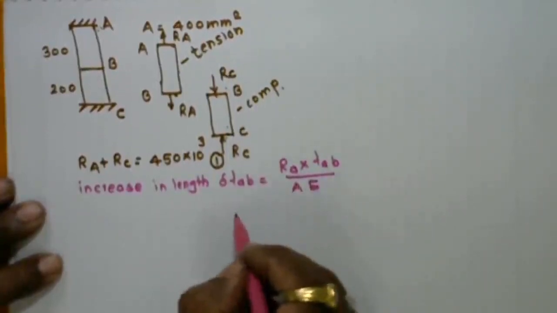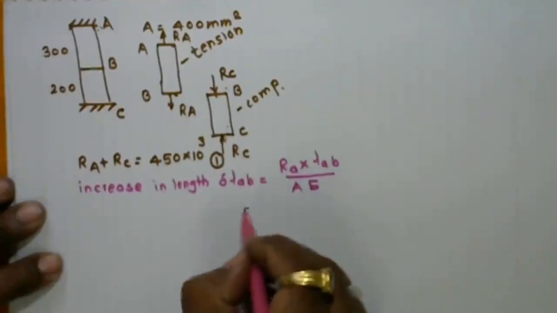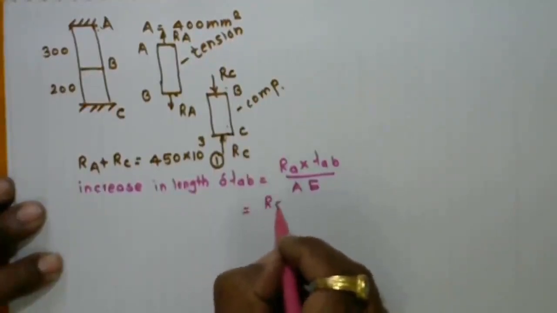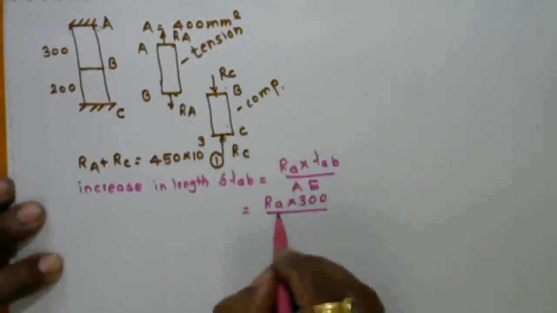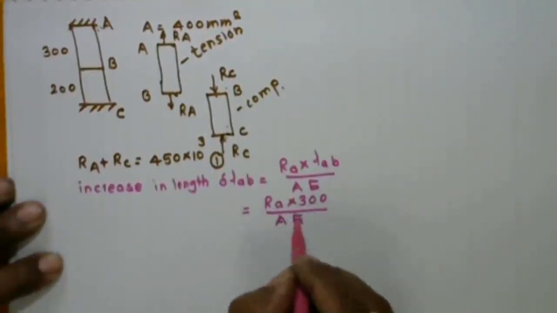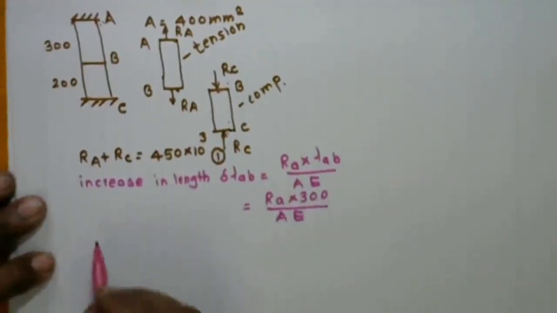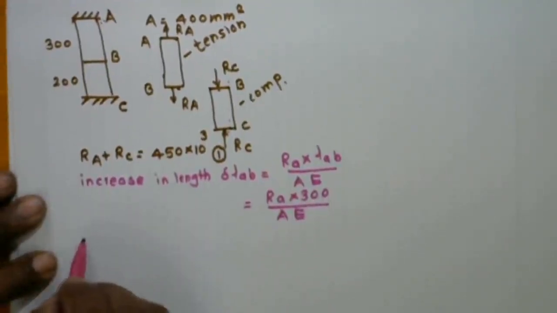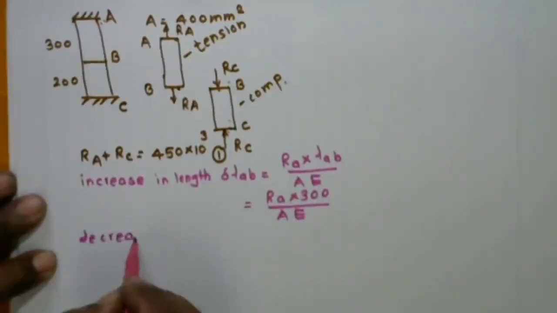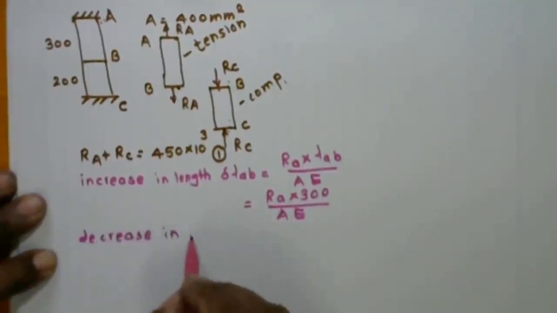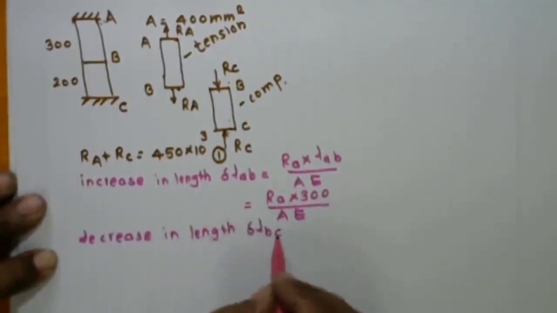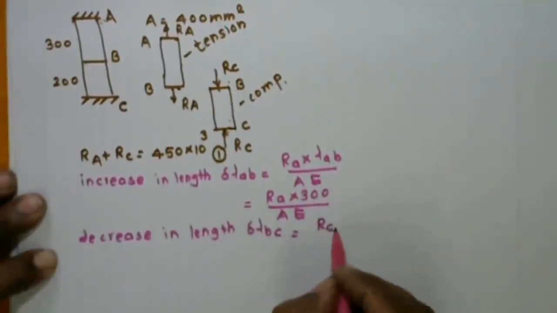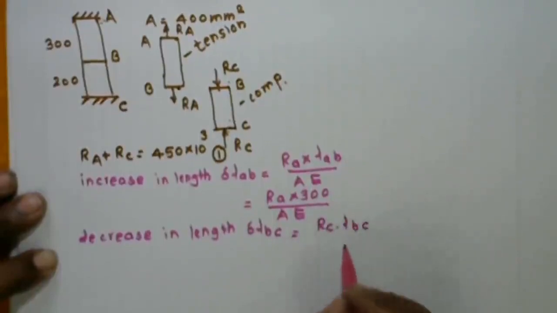In that case RA is unknown, length is known, 300, and AE we will put later. Similarly, the decrease in length, delta LBC, is equal to RC into LBC divided by AE.